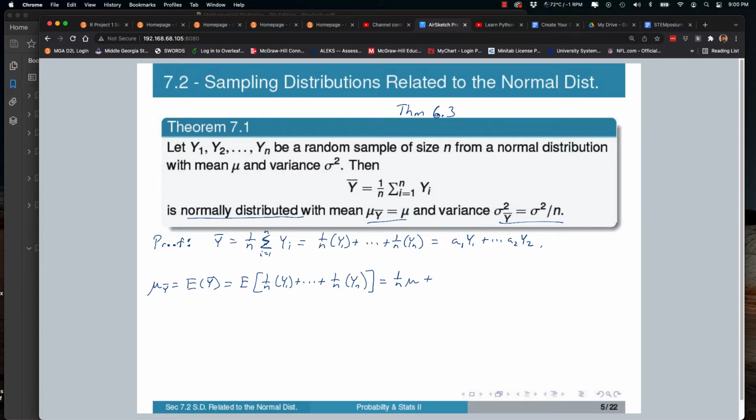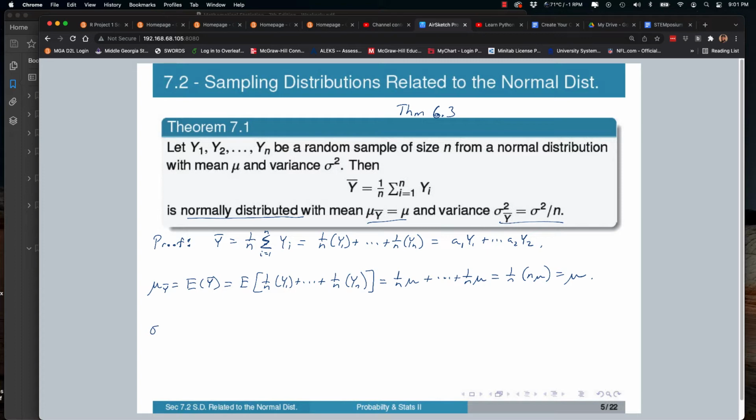So we get 1 over n times mu plus dot dot dot plus, all the way to the nth term, 1 over n times mu. That's 1 over n times n times mu, because mu is added together n times, which just turns out to be mu. Therefore, mu sub y bar equals mu.